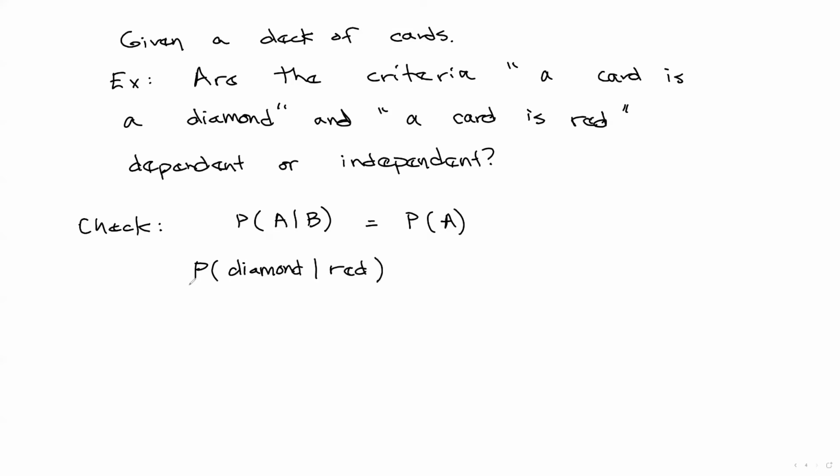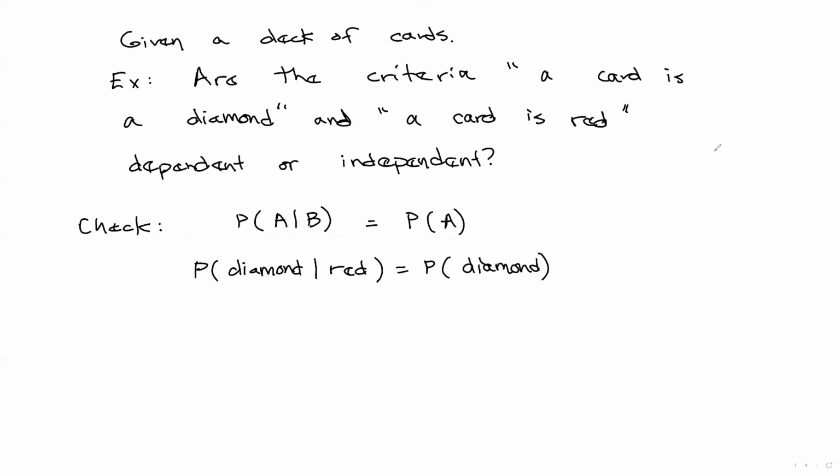Sorry, the probability that given a red card, it is a diamond, versus the probability that a card is a diamond. All right, so what is the probability that we've got a diamond given that we've got a red card versus the probability of just having a diamond?